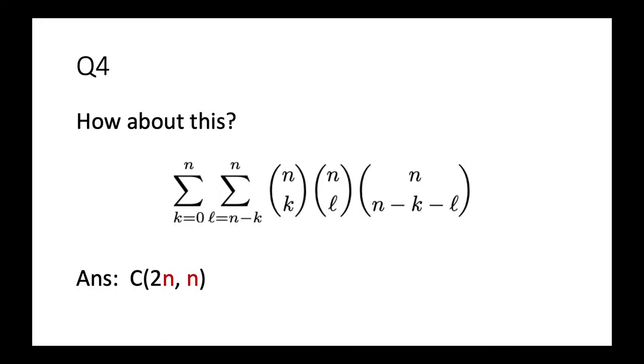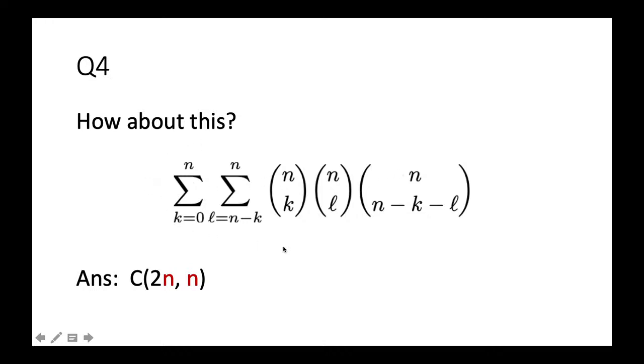If we assume that this is equal to 0, then we will see that n choose k, n choose L will only exist when L is equal to n minus k. For all the other cases, when L is slightly larger, this term will be 0. Then we are not going to add this anymore.